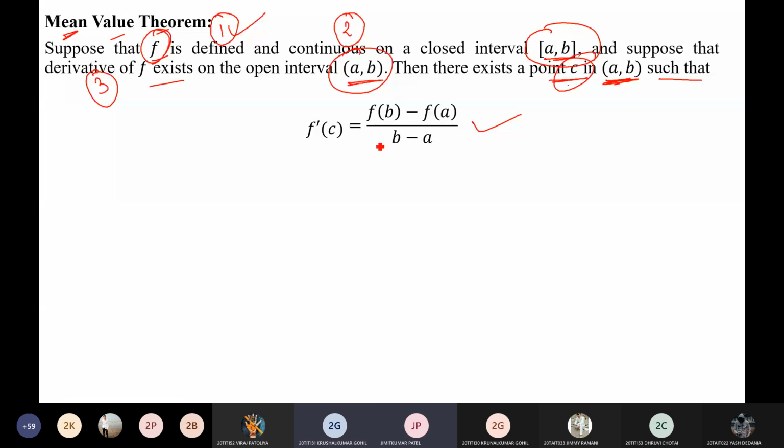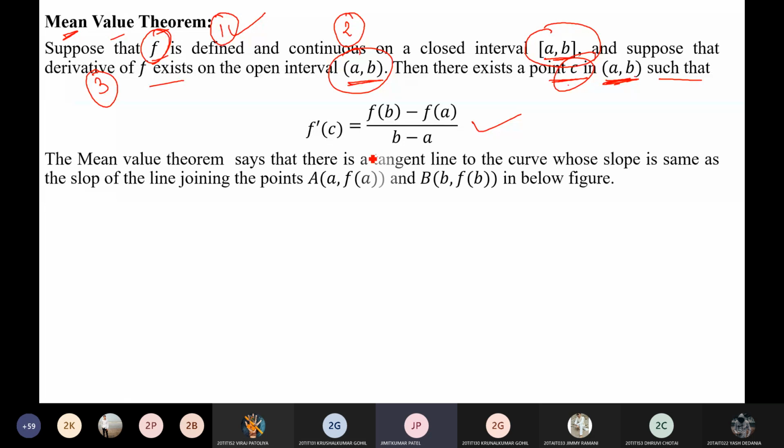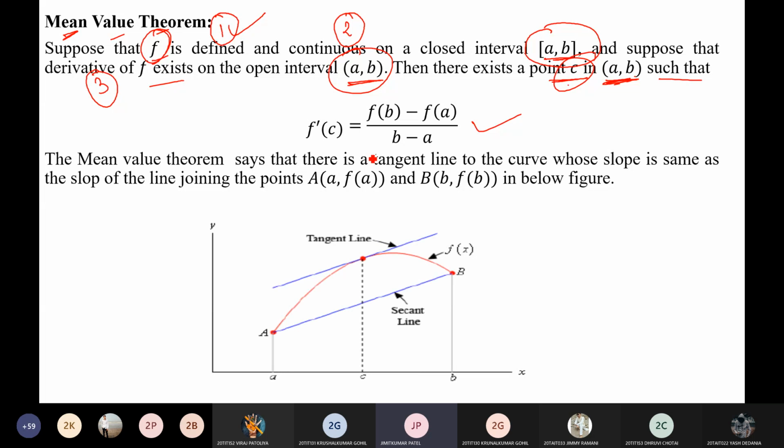Now okay, is it okay? Sir, thank you, sir. Okay, now what is the geometrical meaning of the mean value theorem?